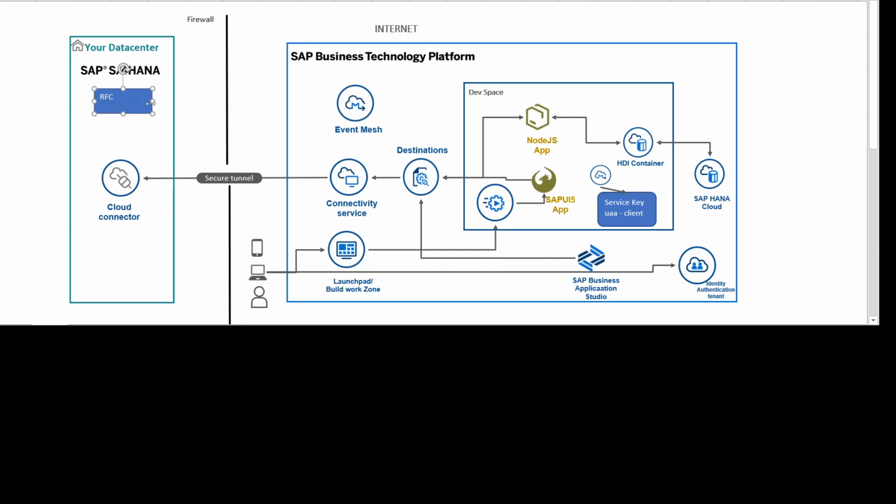This RFC destination has an OAuth profile. What is an OAuth profile? There are other videos within our playlist which talk about what OAuth is, and I'm going to put a link to it.